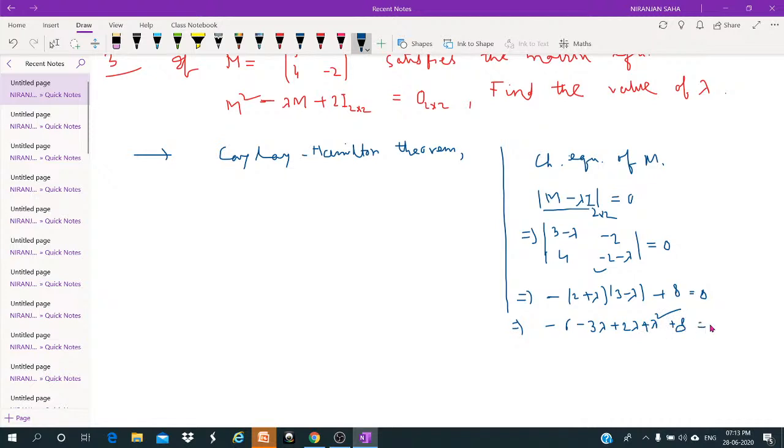So what is the characteristic equation? The characteristic equation is lambda square minus lambda plus 2. So if this is the characteristic equation, it must be satisfied by the matrix A by the Cayley-Hamilton theorem.